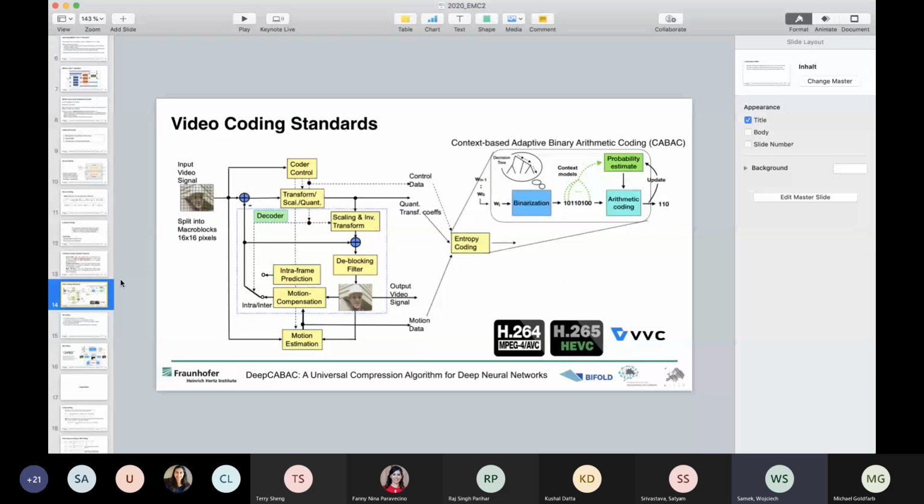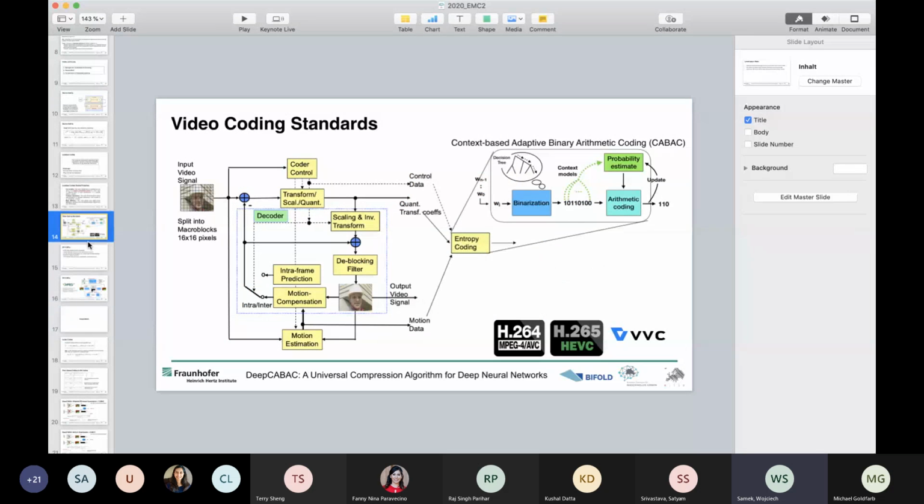And yeah, well, my colleagues at Fraunhofer HHI are the main developers of video coding standards. So they contributed to all international video coding standards, like H264, H265, or the recent one, VVC.